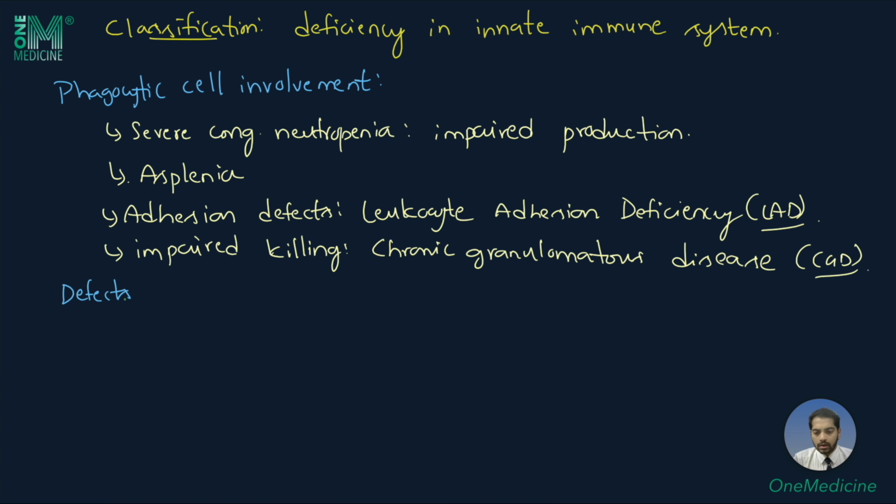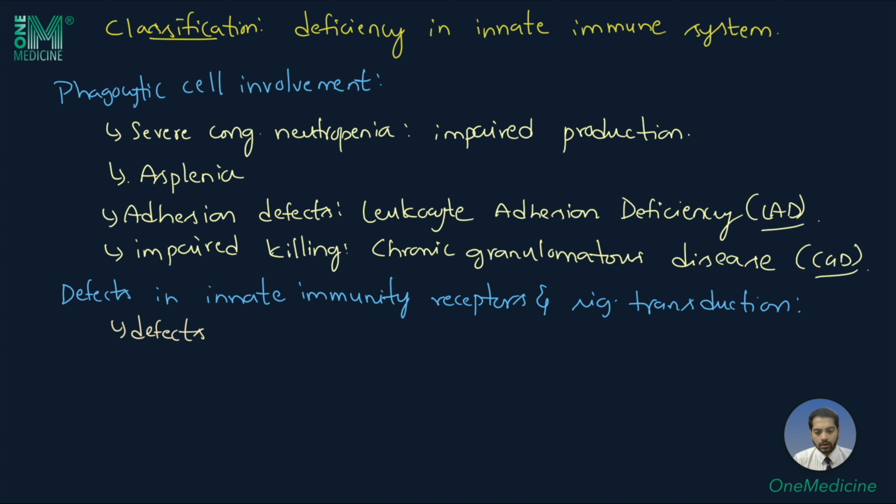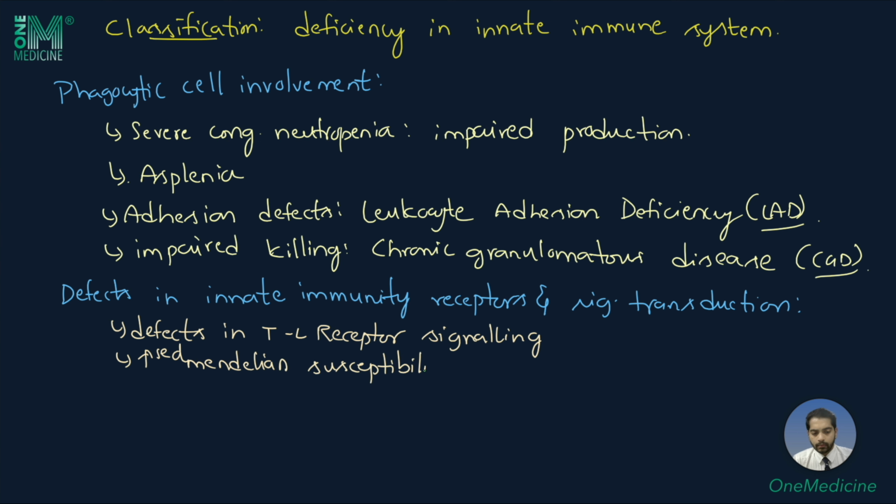Defects in innate immunity receptors and signal transduction is seen in defects in toll-like receptors signaling, and there is an increased Mendelian susceptibility to mycobacterial diseases.